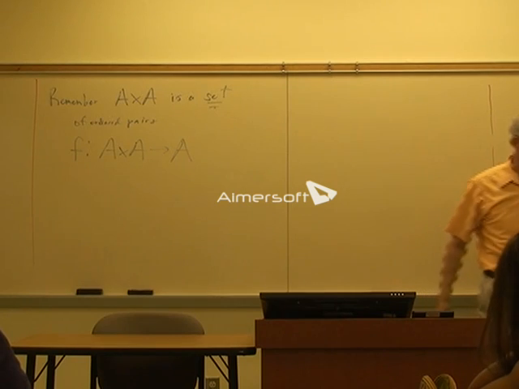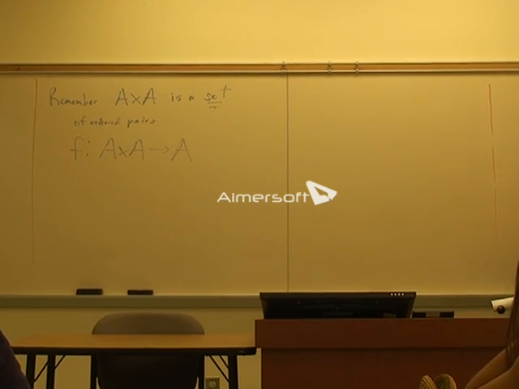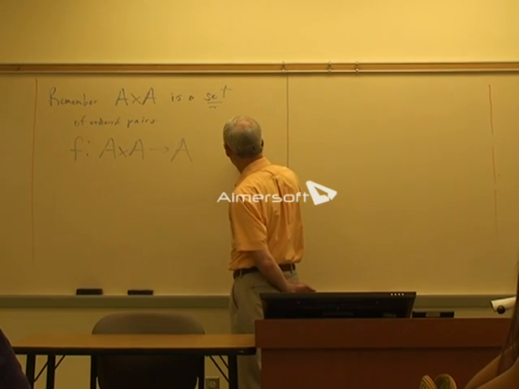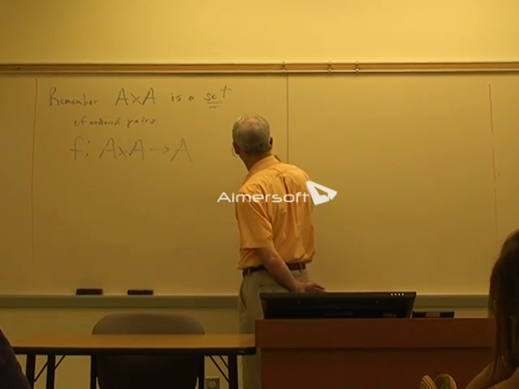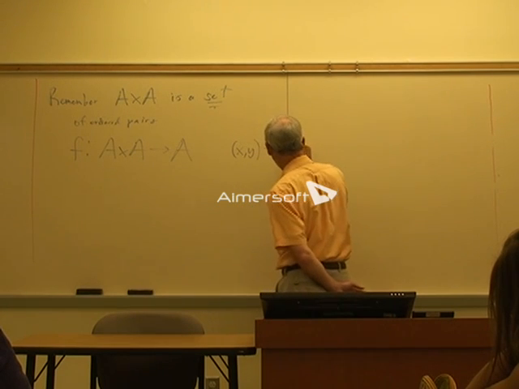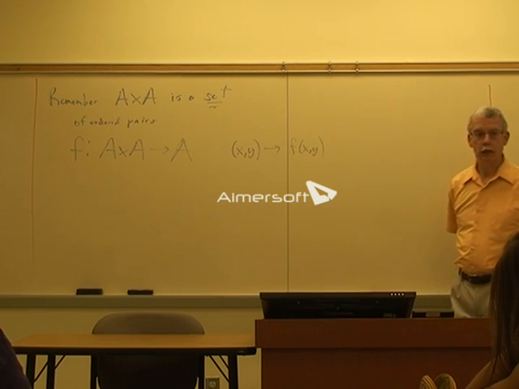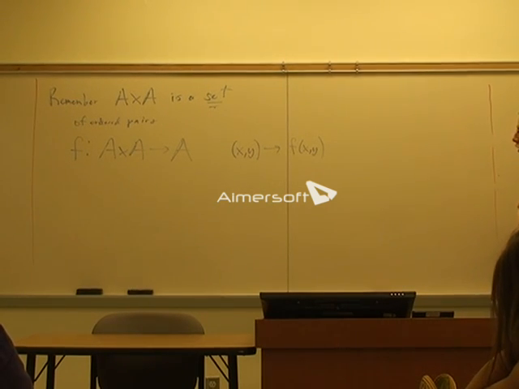You've seen maps like this a lot before. What does this say? It says I send every ordered pair to something. Can you think of something you've been working with since first grade that behaves this way? I take in two numbers and output another one.